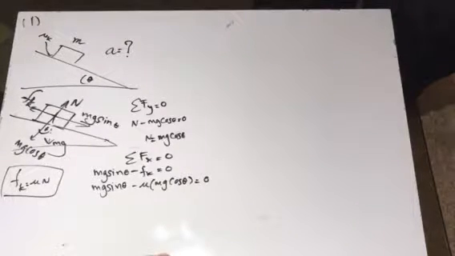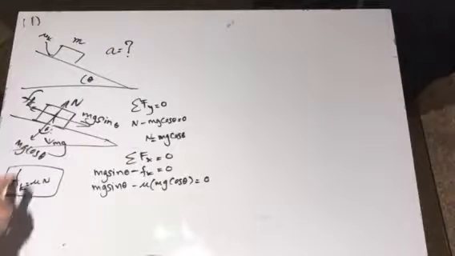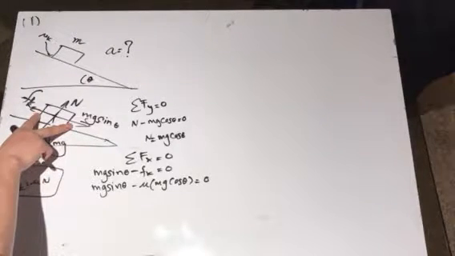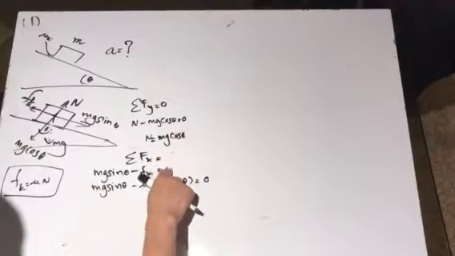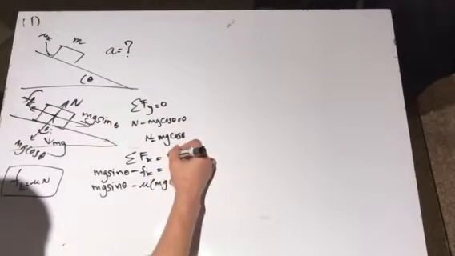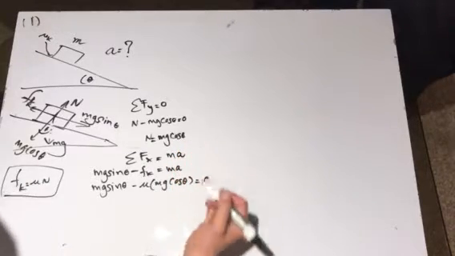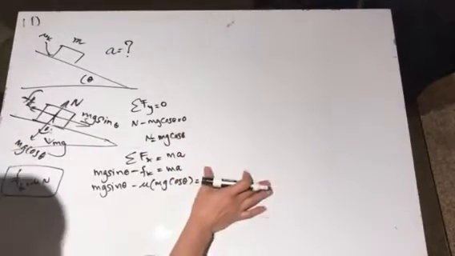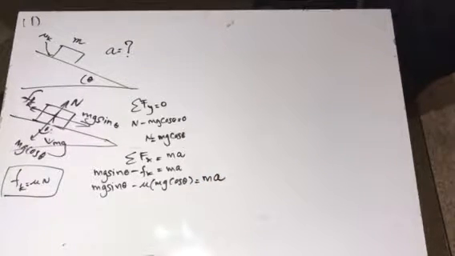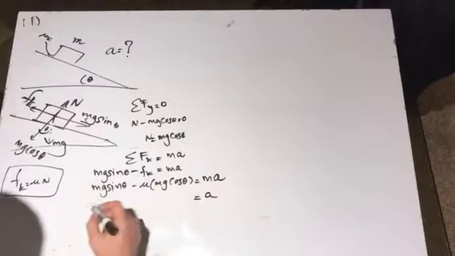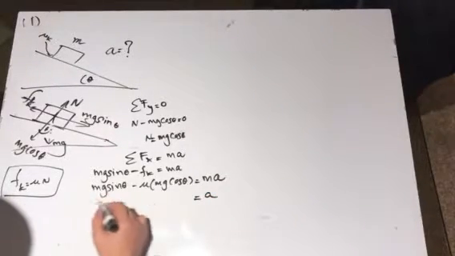Oh, double check. If there is movement on the plane, would the acceleration be 0? No, because you were asked to calculate what the acceleration is, so you have mass times acceleration. So acceleration, I'm just going to do it this way.